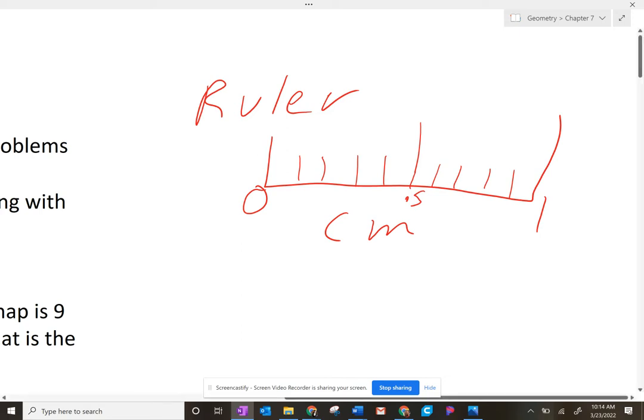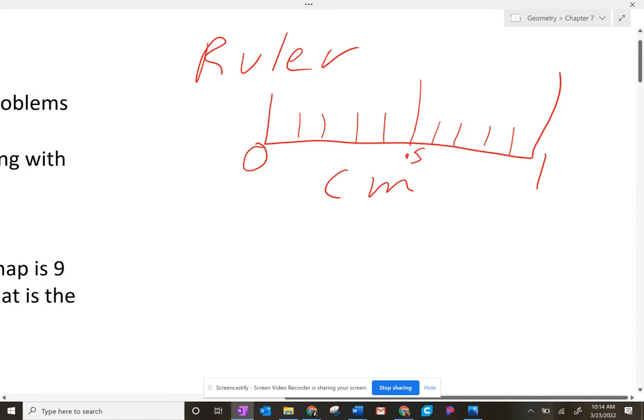So again, the really tall lines are going to tell you the full centimeter, the metric part, with every single individual one being 1 millimeter. And there's 10 in between it. When you do scale models with metric, you can use decimals. Okay, the metric one is probably the easiest one to do with scale models.